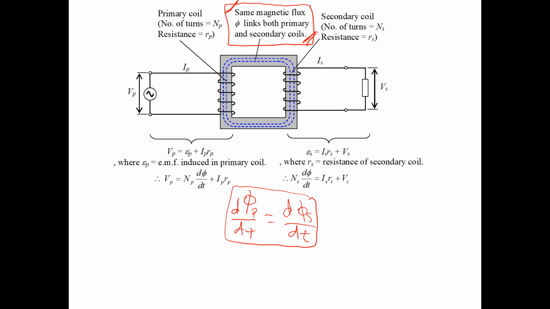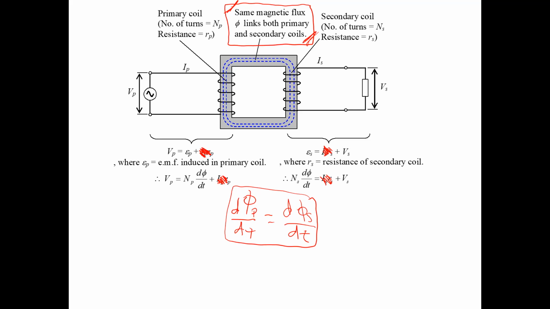Next, if my wires have no resistance, how much potential difference I put in the source is how much potential difference I have across the coil, and how much EMF I produce in this coil from Faraday's law is how much PD I have across the secondary.